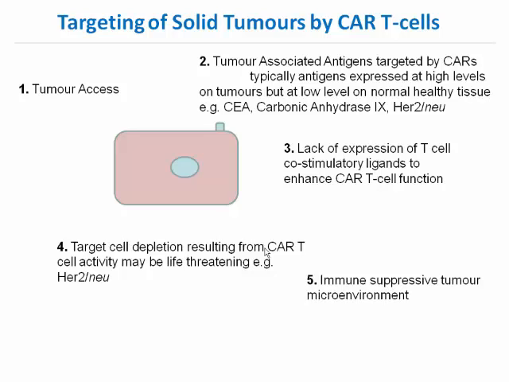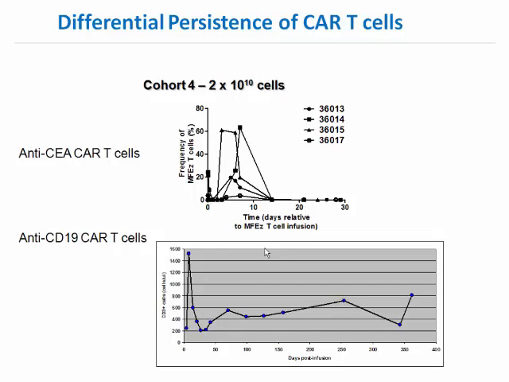This is comparing the difference between targeting a B-cell lymphoma and targeting a solid tumour in trials that we've carried out here in Manchester. This is the first-generation receptor armed with an anti-CD19 chimeric receptor T cell, and this is measuring the number of T cells within the blood, and we can detect these in this patient out to over 1 year.